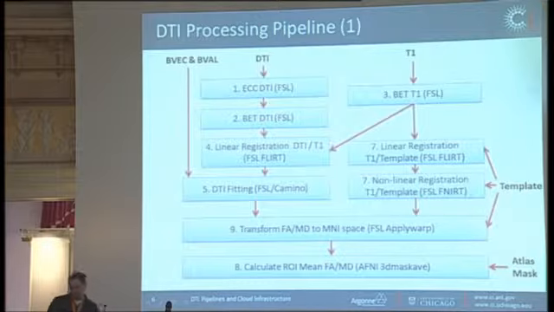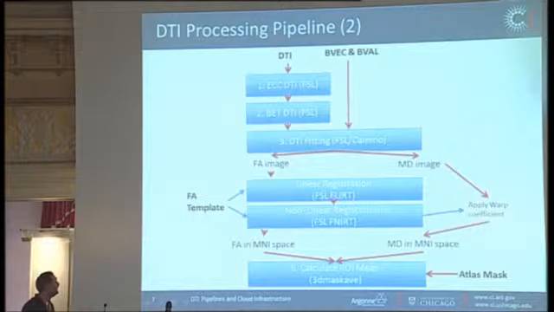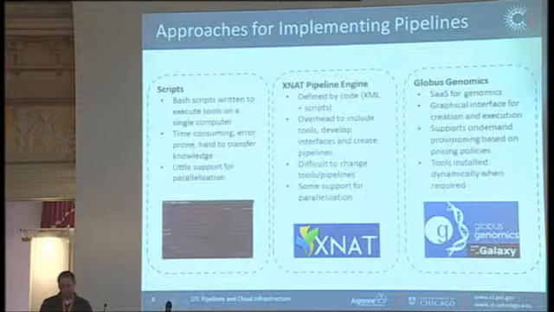We transform it to the MNI space and extract FA and MD, average FA and MD values. So we can automatically do all of this and get some tabular format at the end. We also have a second pipeline that I think doesn't align to T1, but it's pretty similar. So those details will be in the forthcoming paper.